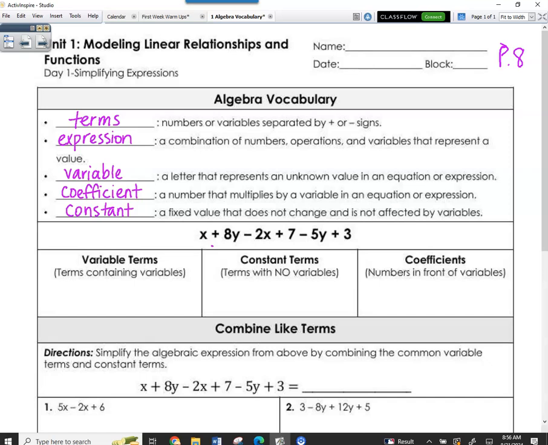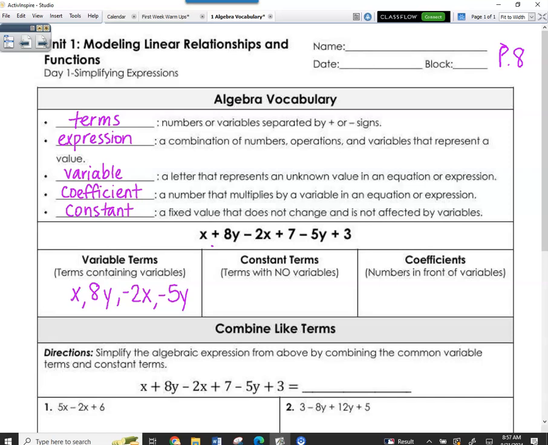Let's check your answers. So tell me what variable terms you should have written. X. 8y. Negative 2x. Don't forget the sign with it. And then negative 5y. Good.